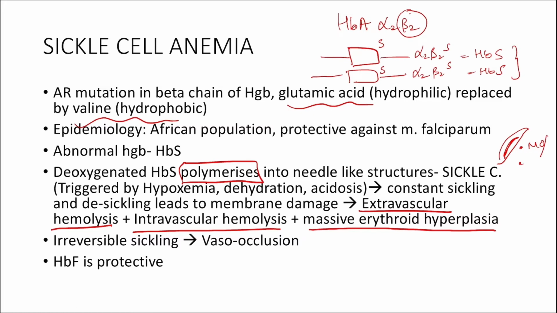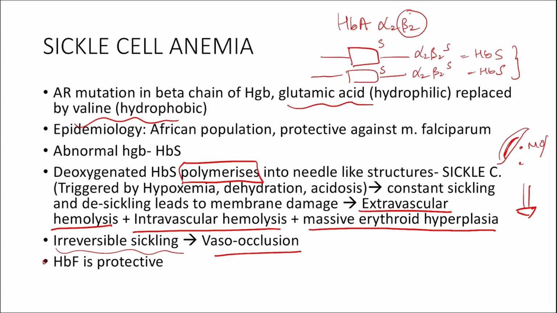These three things are important to keep in mind because this makes a lot of sense for the clinical findings. Another thing that can happen over a long period of time is irreversible sickling. In that case, you have a vaso-occlusion, which is basically just end-organ infarction.